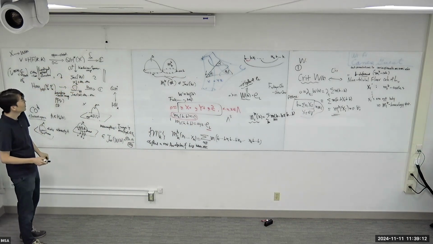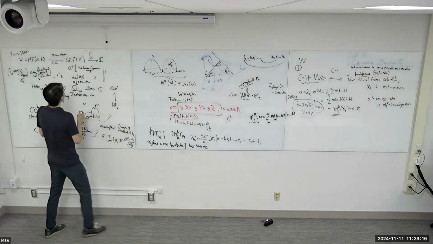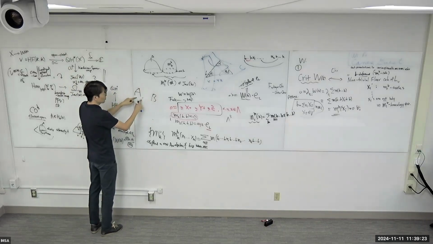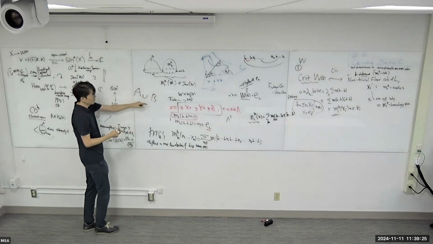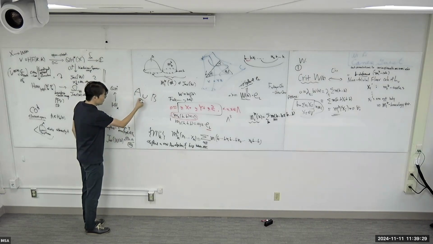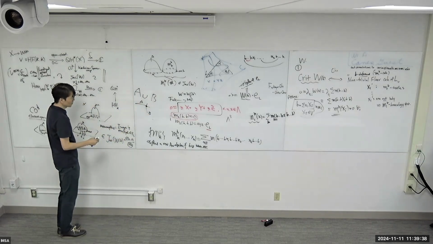What is the definition of quantum cohomology? Quantum cohomology is when you have some cycles A and B. In classical cohomology you can define the cup product, which is Poincare dual to the intersection. So you have A, you have B, and they intersect. Then that's the cup product.